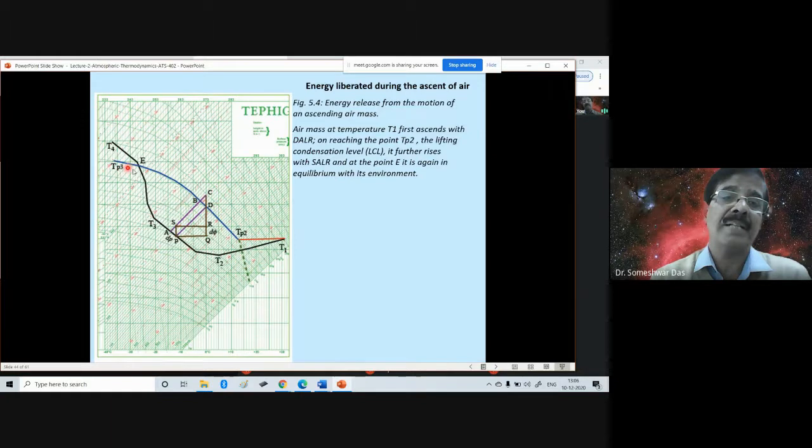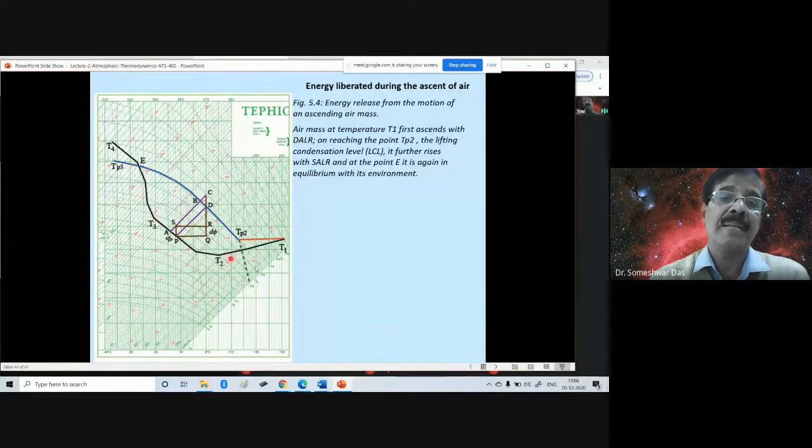So this air parcel is finding itself warmer than the surrounding air. Right. So these are the isotherms, right? These vertical lines are isotherms. Right. As I told you earlier, vertical lines are isotherms. So this air parcel is finding itself warmer than the surrounding air. Okay, the surrounding air temperature.